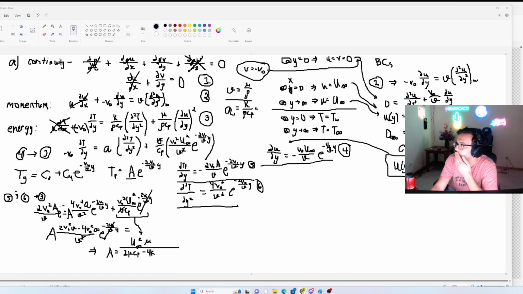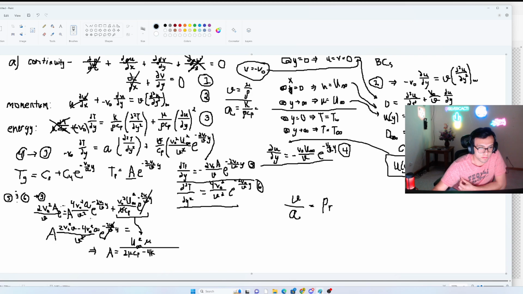Okay, so I think this is it. So viscosity over alpha is equal to Prandtl number, which we have here. Viscosity over alpha, which is equal to mu Cp over K, which is what we have here, basically.